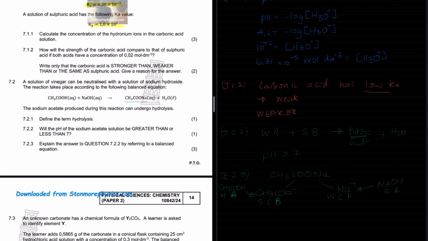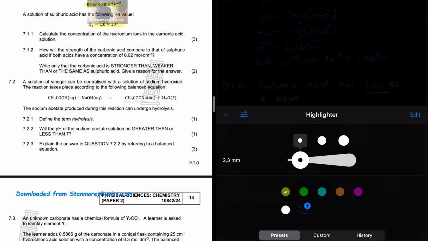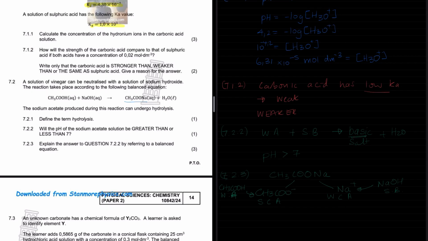Now, when you are doing hydrolysis, it is going to be the strong ion that undergoes hydrolysis. So the CH3COO minus ion is going to undergo hydrolysis because it is strong. Let me just neaten that up. That is the base here. So this is going to undergo hydrolysis.